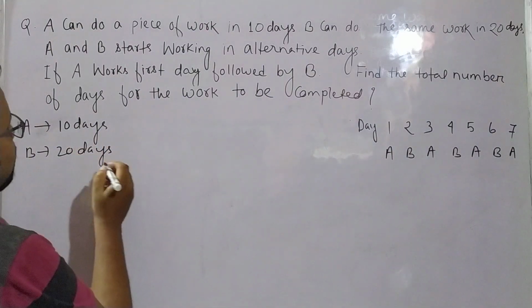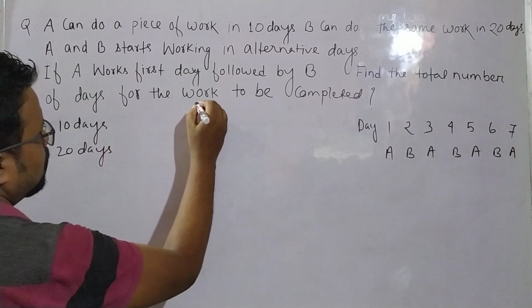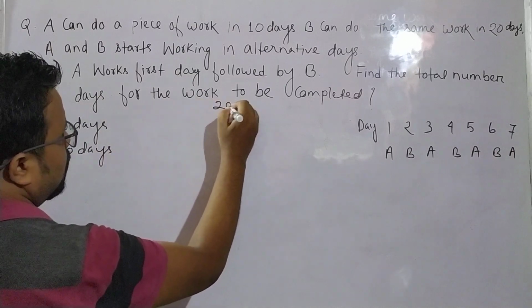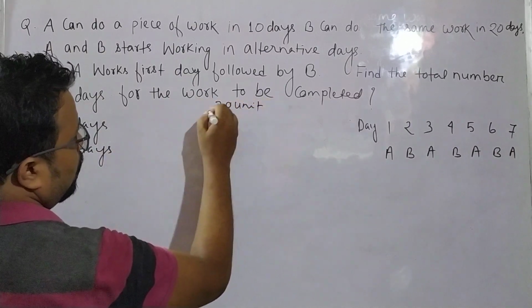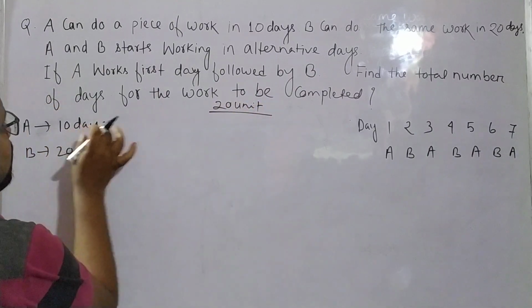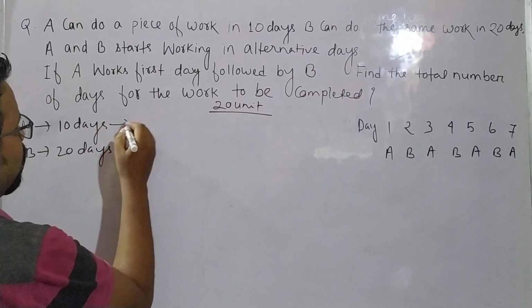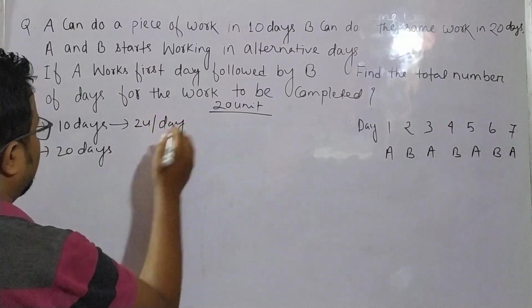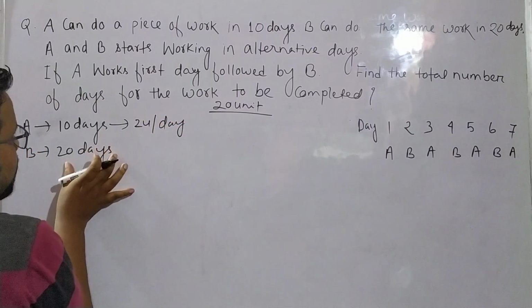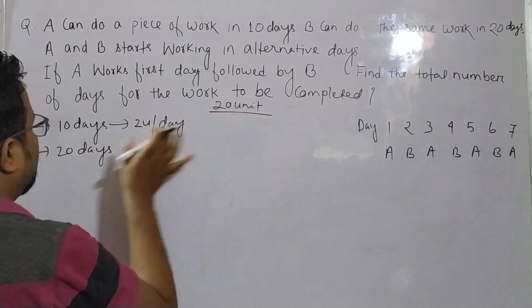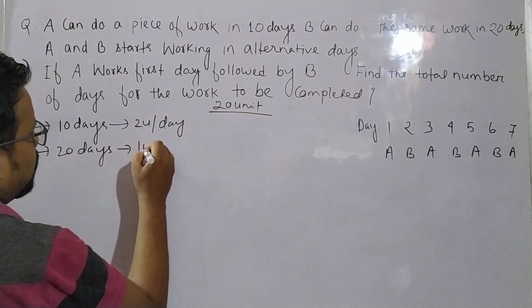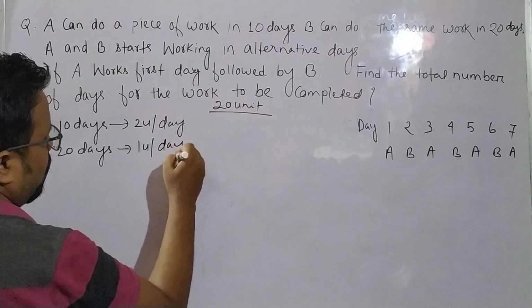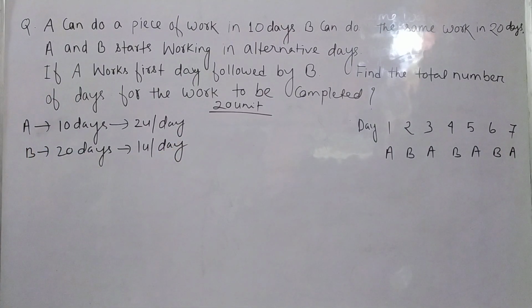Again LCM, what is it? Total work 20 units. So 10 days for 20 units, one day how much? 2 units per day. 20 days for 20 units, one day 1 unit, 1 unit per day.